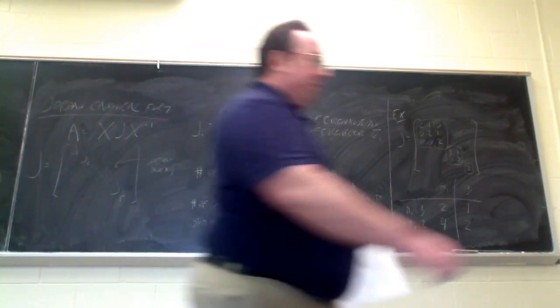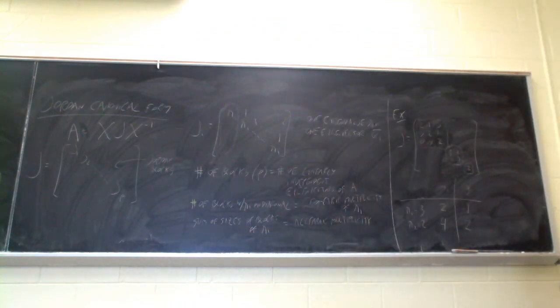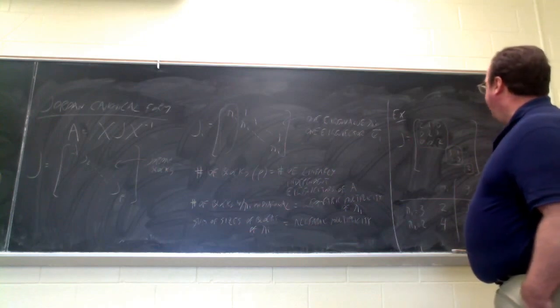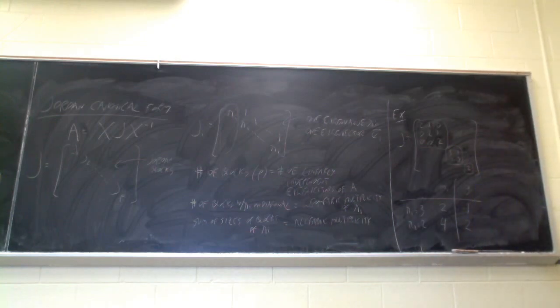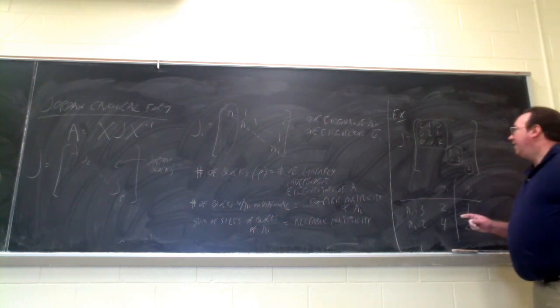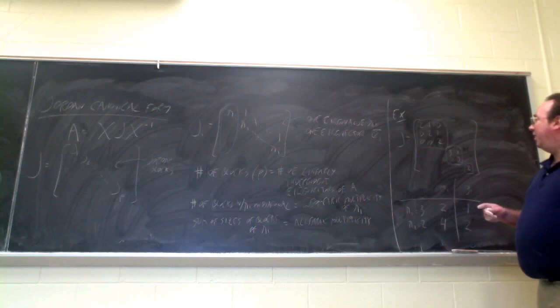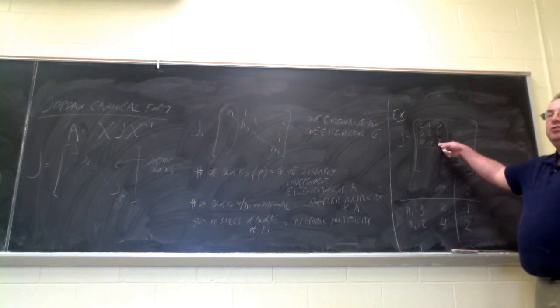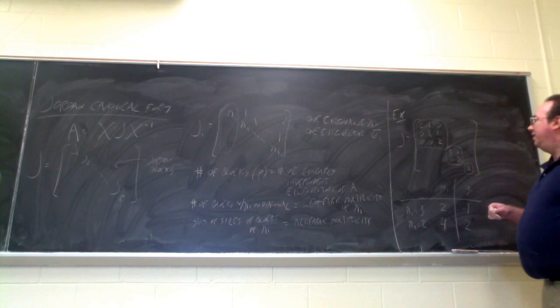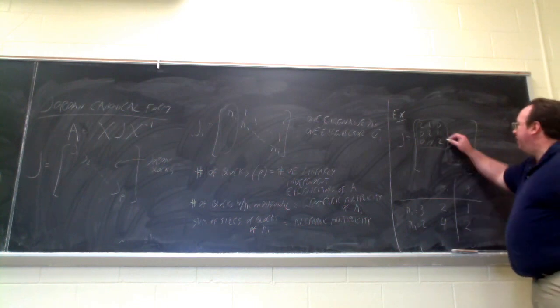Now here's a really sad thing about the Jordan canonical form. Let's suppose that this matrix was to change just a little bit. I want to change this entry here from a 2 to 2 plus something, so 2 plus epsilon.